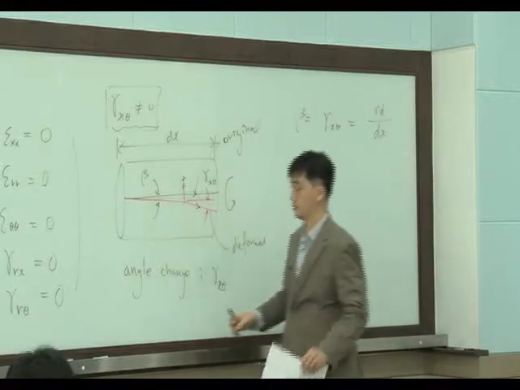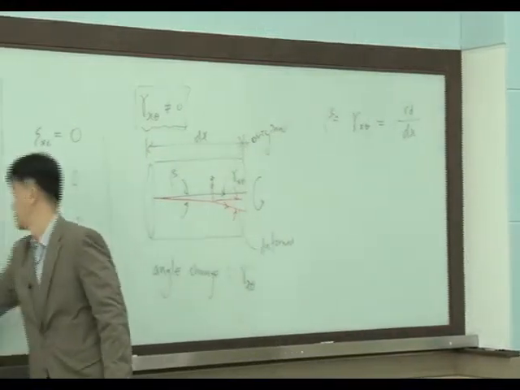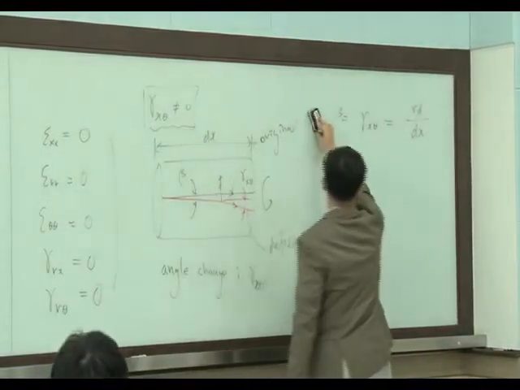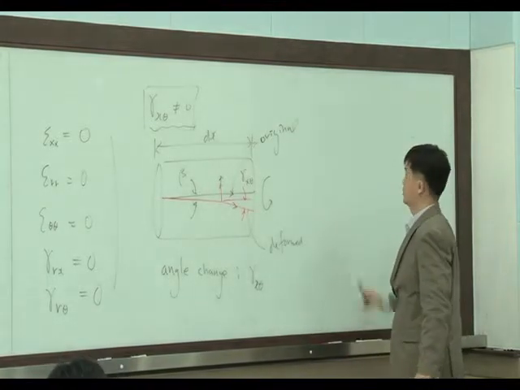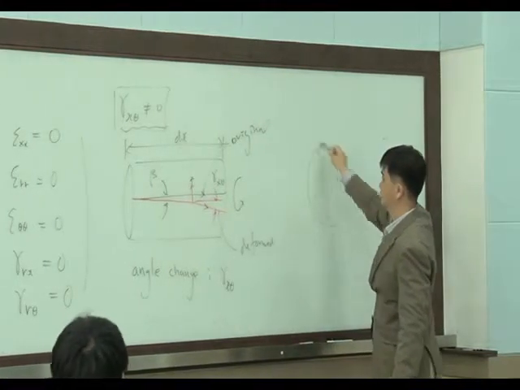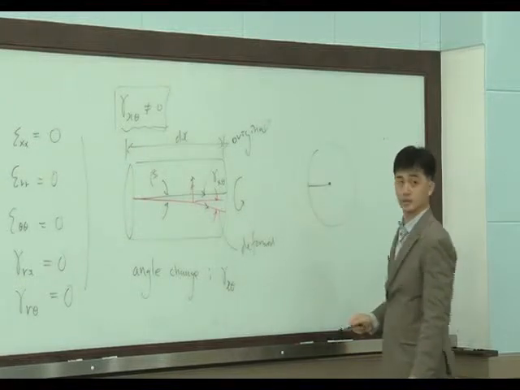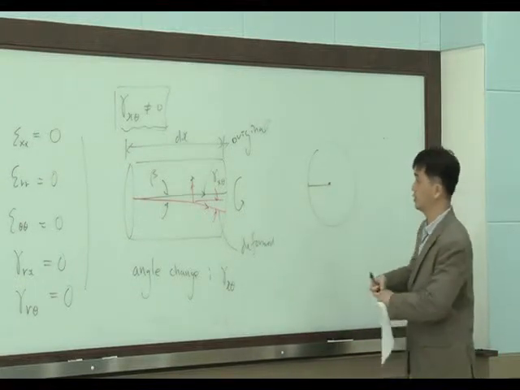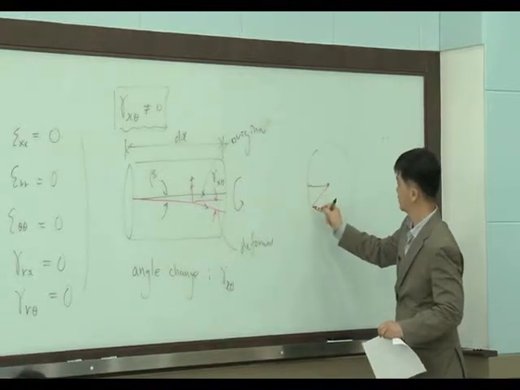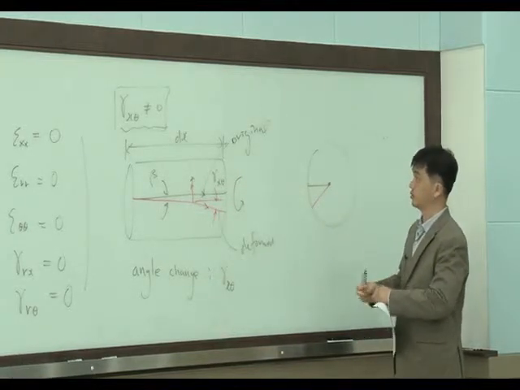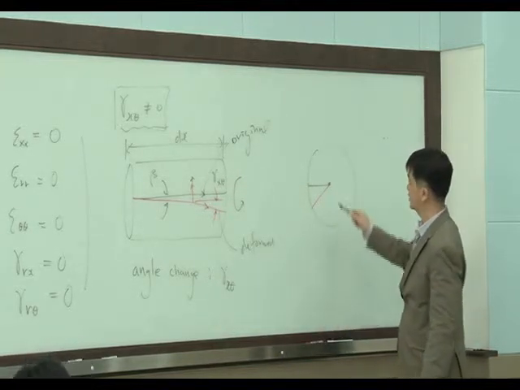Okay, so I need to draw one more picture. Let's draw a curve. This is the original line, and this is the rotated, deformed line.